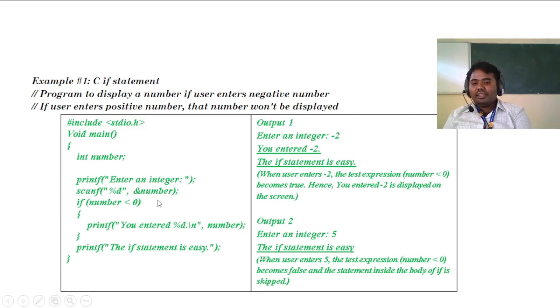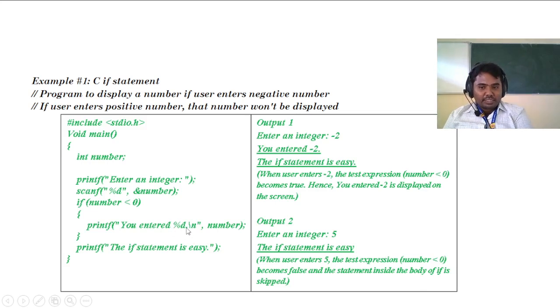Assume that the input is -2. It is a negative number, obviously lesser than 0, so the condition is true. It will enter this block and print the message: you entered -2.